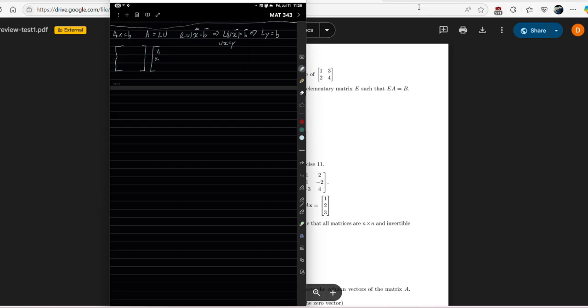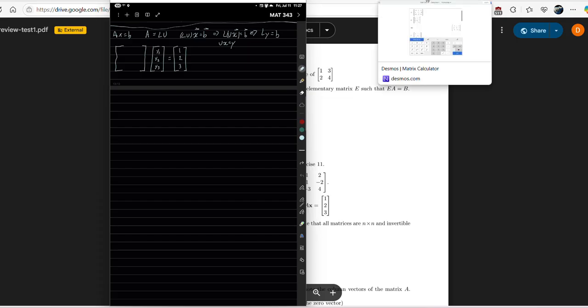So some formula, L times some formula equals B, which in this case, B equals 1, 2, 3. So the way that we would isolate Y is we throw the inverse of L to the left of both sides of the equals.